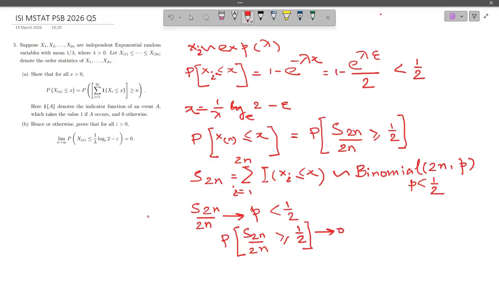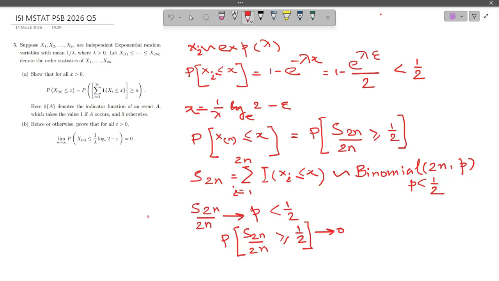This is by the law of large numbers: the average converges to p. The binomial average converges to its expectation, 2np, so S2n/2n converges to p. So the probability that S2n/2n ≥ half goes to 0.